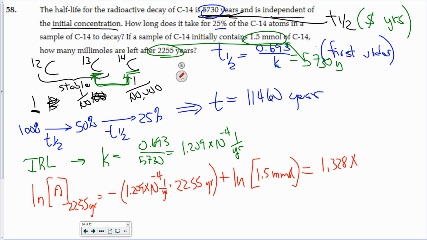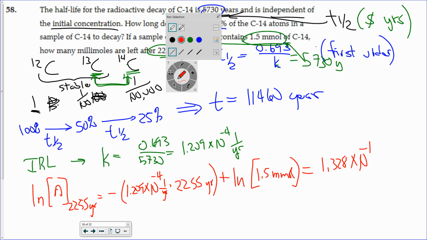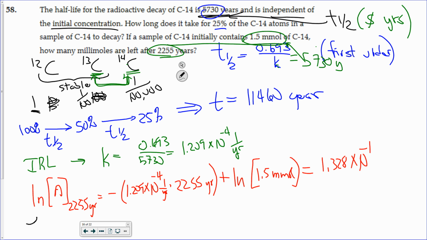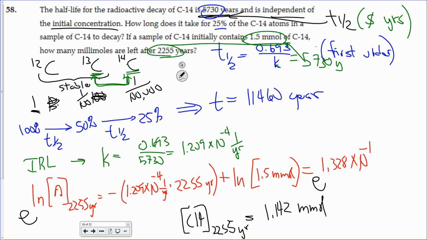And I get 1.328 times 10 to the minus 1. Okay, so that equals the natural log of A. To find out what A is, I take the e of both sides. So that's going to say that the amount of C14 that's left after 2255 years is 1.142 millimoles.